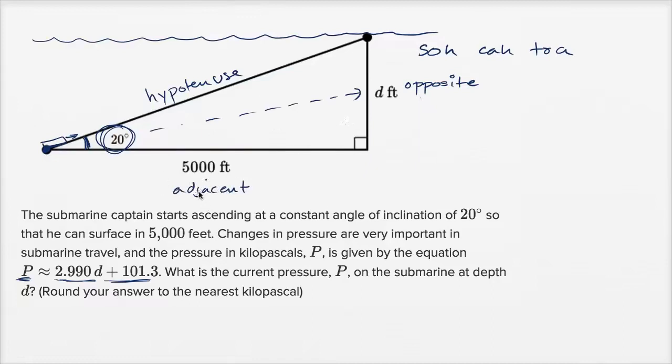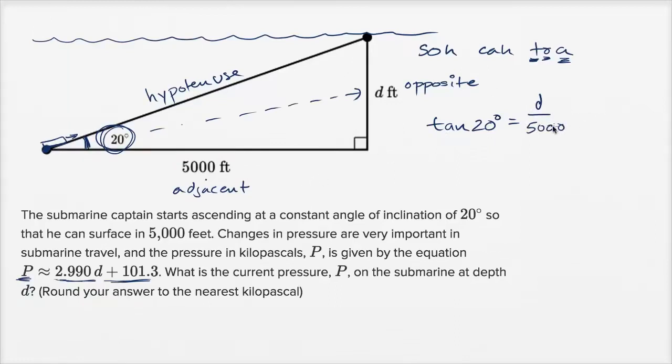So which trig function comes into play here? Well, tangent deals with the opposite and the adjacent. So we know that the tangent of 20 degrees is going to be equal to the ratio of the length of the opposite side to the length of the adjacent side. So it's going to be d feet over 5,000 feet.